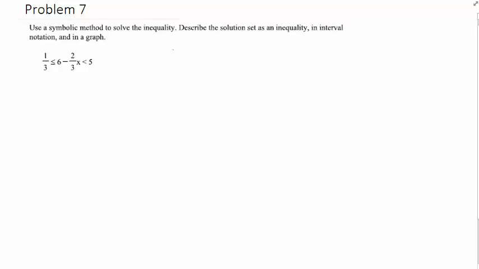So let me rewrite that here: 6 minus 2/3 x and 5. Our first step is to subtract 6 from both sides. So minus 6, minus 6, minus 6.